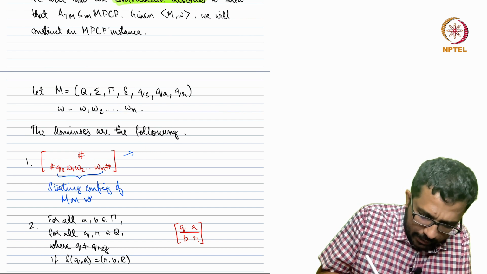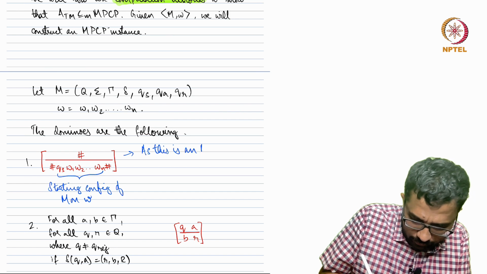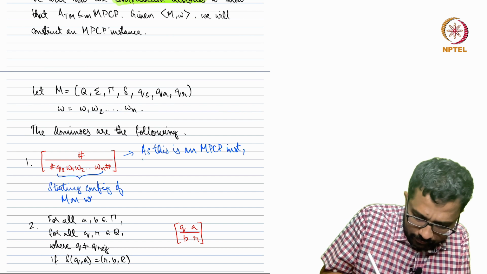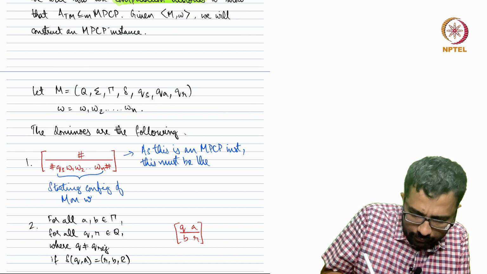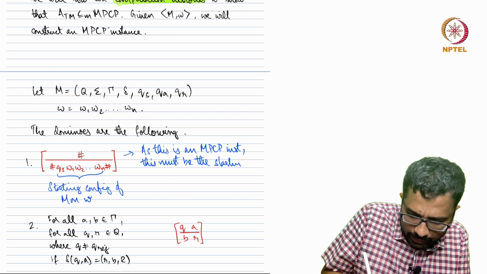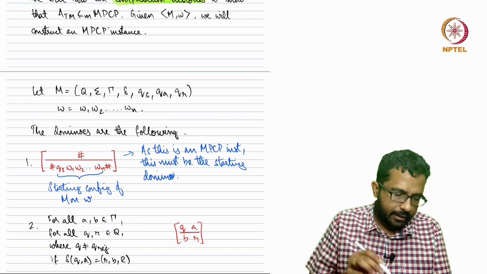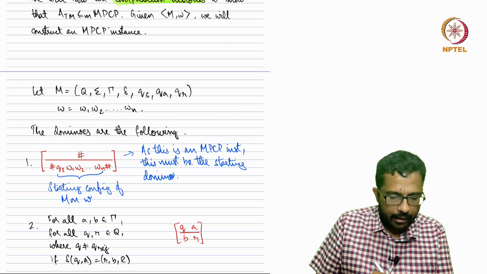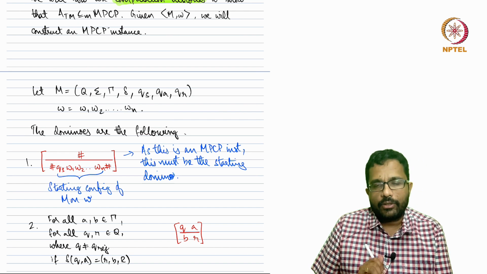As this is an MPCP instance, this must be the starting domino. Now you can see that the starting domino has a hash on the top, and at the bottom it starts with the hash, has the starting configuration of M on W, and then ends with a hash.